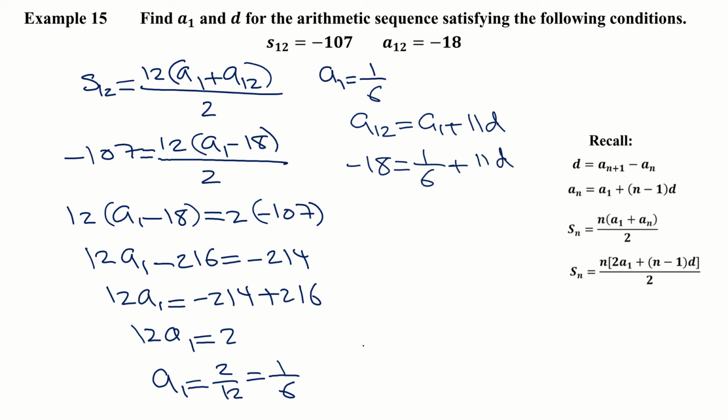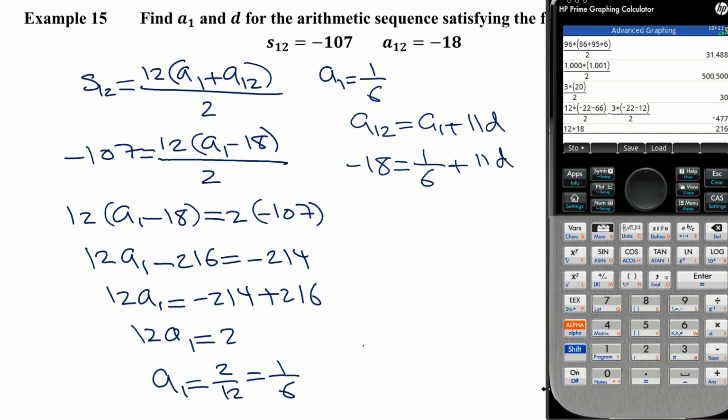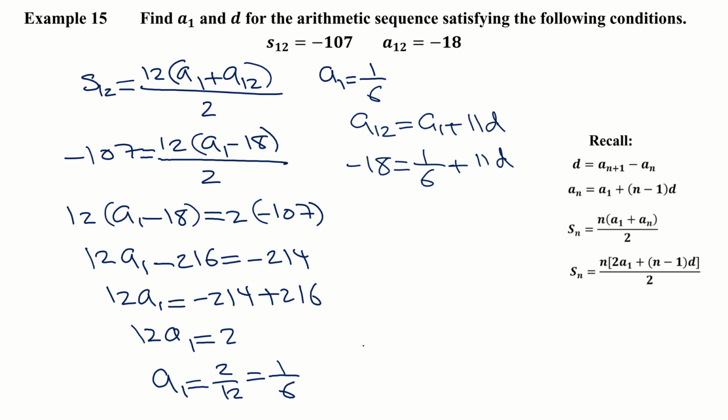Now we just multiply both sides by 6 to clear the fractions. So we need to know 6 times -18. So we'll just do 6 times 18 and we'll make it negative. So -108. Remember, we're multiplying both sides of this equation by 6.